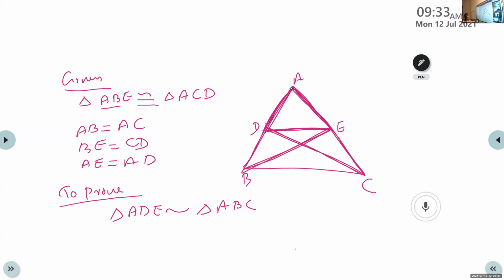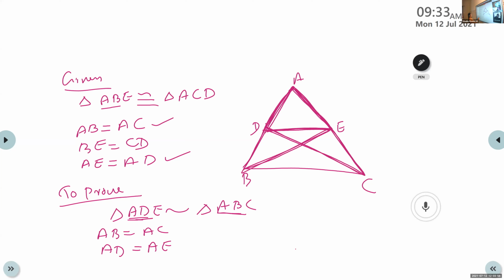Okay. So here we have AB equal to AC. Take these two sides, AB equal to AC, and we can write AD equal to AE. Why do I write AD equal to AE?